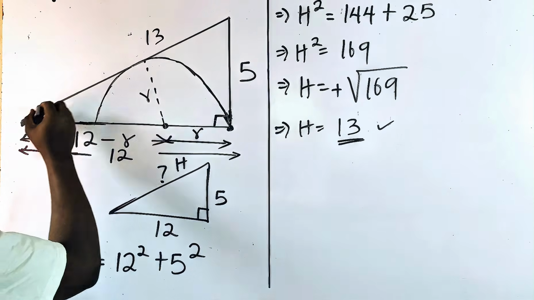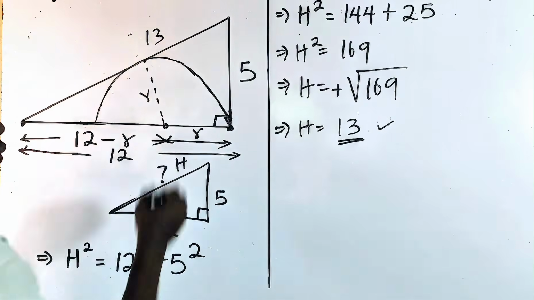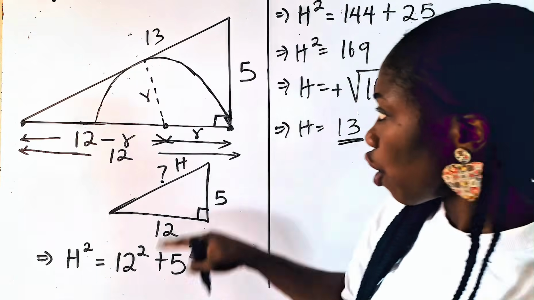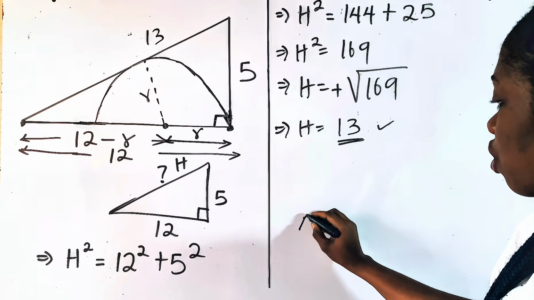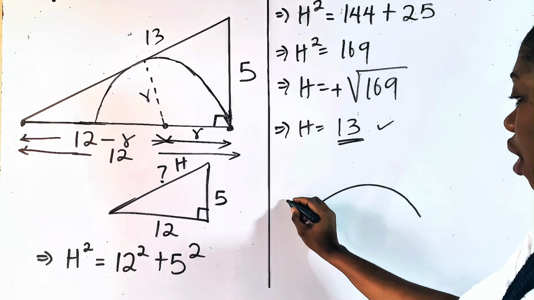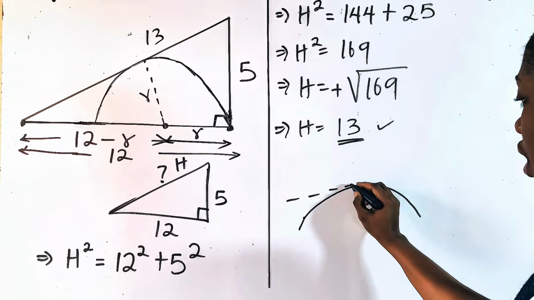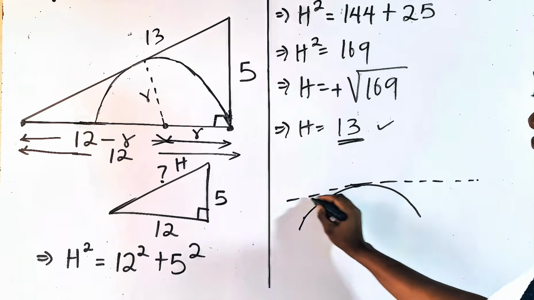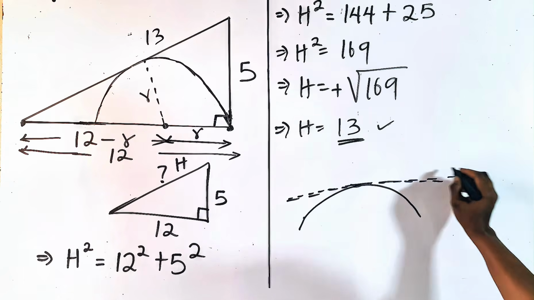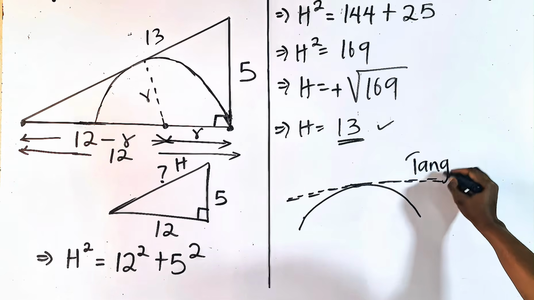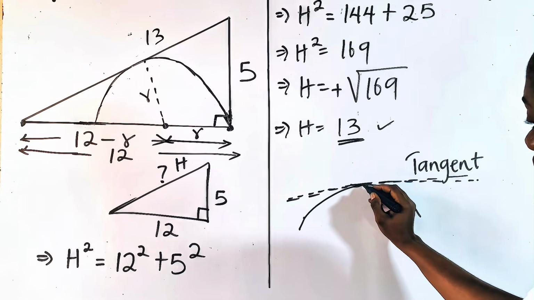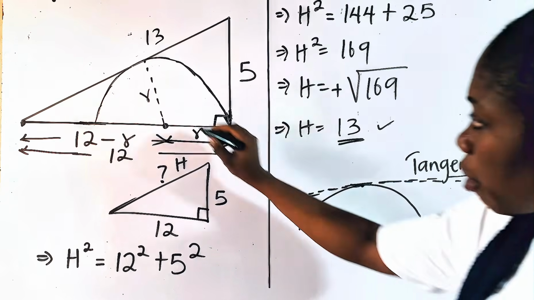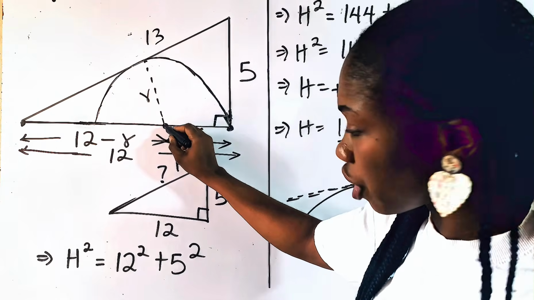Remember that this line has turned to become the tangent of this particular semicircle. Let's bring that shape out. So see what we have. Whenever you have a line drawn to touch a circle at a point, that straight line is what we call the tangent. And that reminds you of our theory that whenever a tangent comes in contact, remember that this line is also the radius.